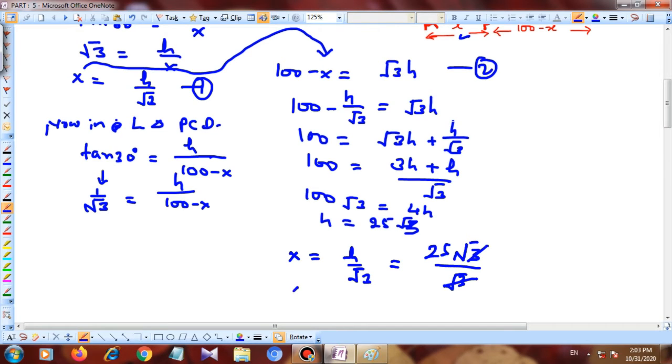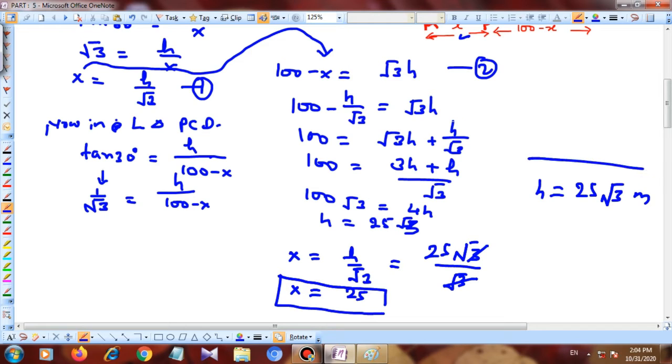Root 3 cancels. So x equals 25, right? So this is 25. So the height of the pillar is how much? 25 root 3 meter. So this is your required answer.